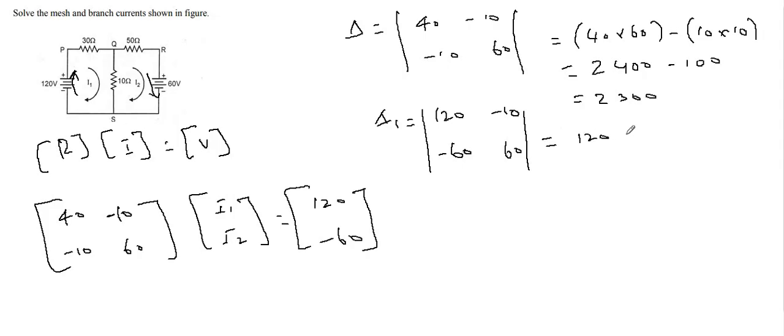So 120 into 60 minus of minus 10 into minus 60. So 120 into 60 is 7200 minus, minus plus 600. So this is equivalent to 6600.